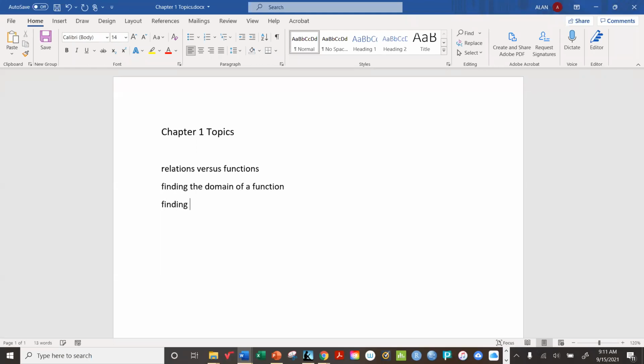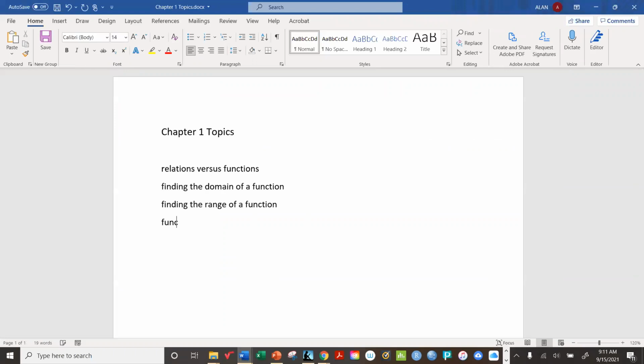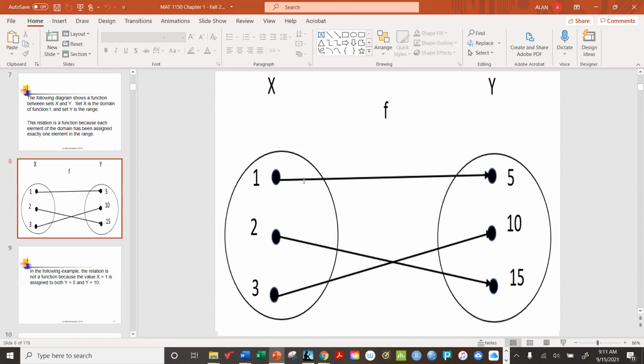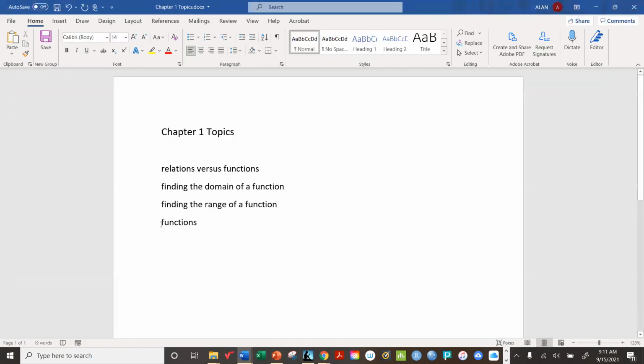Finding the range of a function. Okay. Functions. Well, that's a very general topic. If you type that in, you're probably going to find 100,000 pages. So maybe don't look for that one. Actually, if you're just specifically asking for the definition of a function, then you probably should be okay.